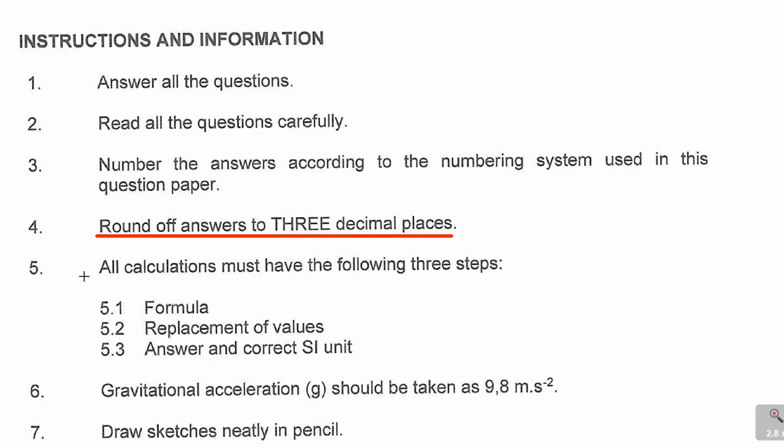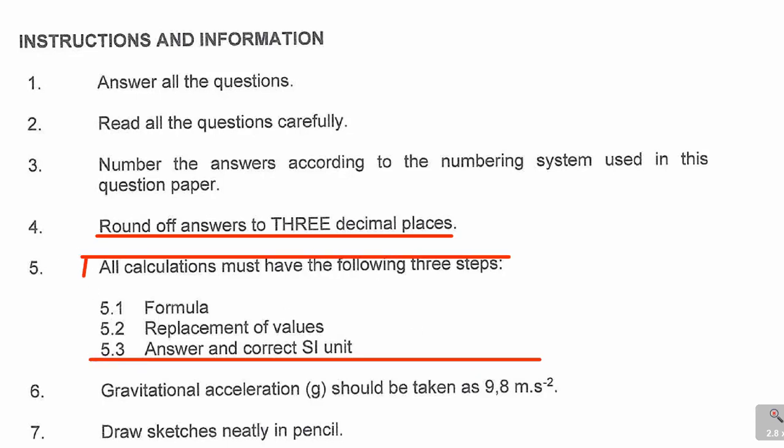That's the first part. And number 5, I always emphasize it here: number 1, all calculations must have the following steps. First, identify the formula. Then substitute the values in the formula.